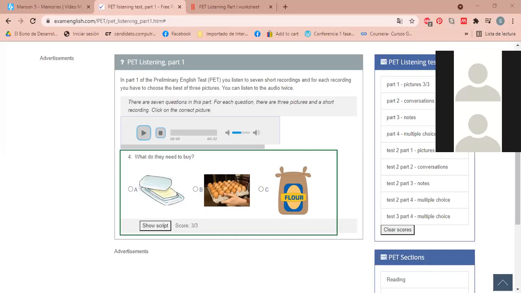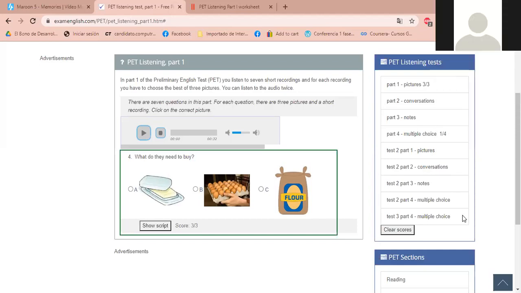Wake up, Marjorie. Yes, teacher. And exactly. Tell me, why did you choose letter A? Because in this part say the girls need butter.